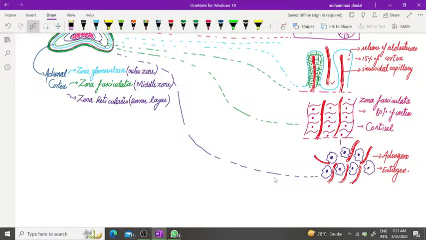It contributes 15%, zona fasciculata contributes 80%, and the zona reticularis contributes very little, only 5% of adrenal cortex.